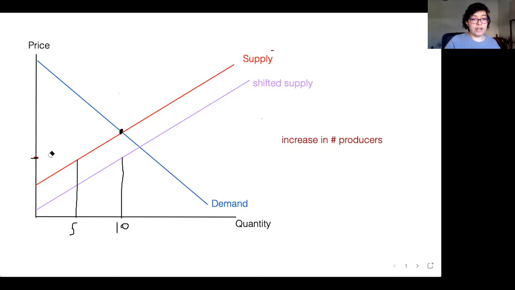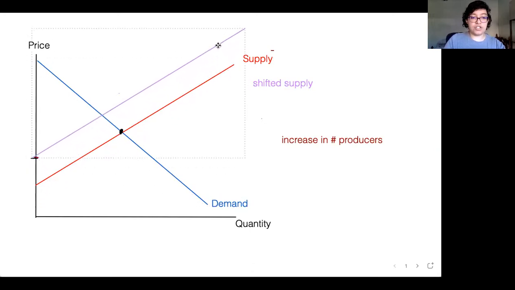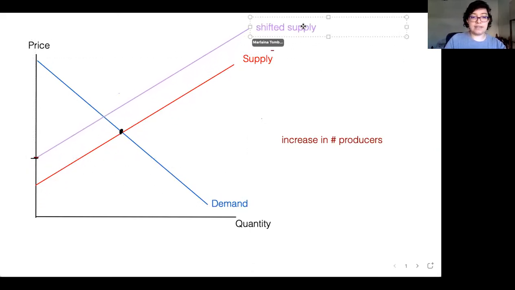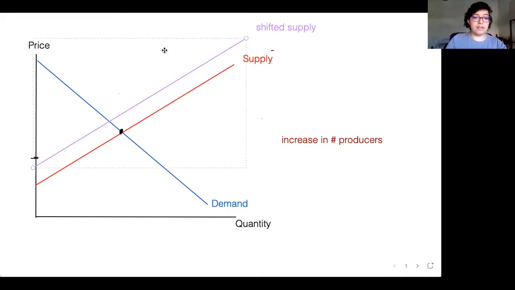Alternatively, instead of the supply shifting this way, it could shift the other way, like this, in which case at any given price, we shift it back down. Looking at 10 again, initially we had 5 being supplied, but now at a price of 10 we only have 1 being supplied.